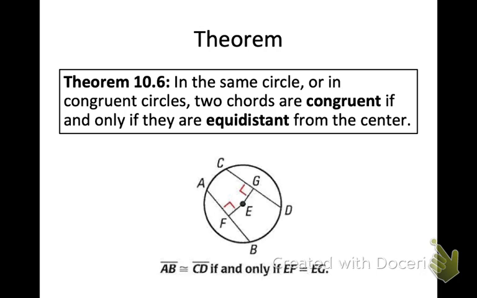If those chords are the same distance, how do we measure distance? Well, the shortest distance between a line and a point is the perpendicular distance. So if this distance is the same as that distance away from the center, so is EG the same as FE? If that's the case, then we know that we have congruent chords.